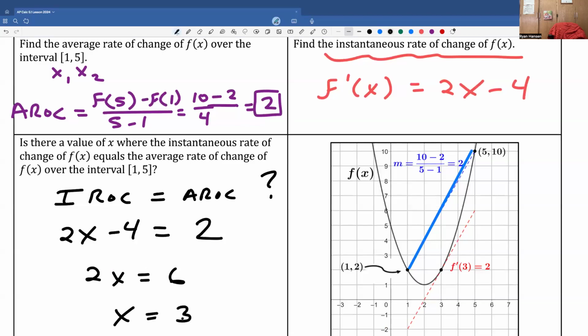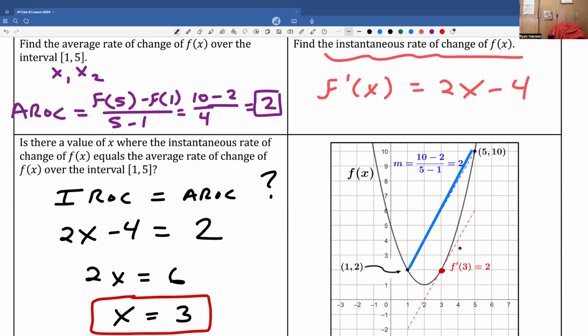X equals 3. Okay? So what does this have to do with anything? If you look on the graph and find where x is 3, when x is 3, we are right here. If we draw the tangent line, which is the instantaneous rate of change, that will have a slope of 2.